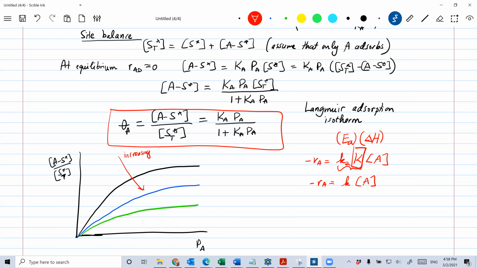And often you'll find that the enthalpy of reaction is much more sensitive to temperature than the activation energy is, as in the E over RT term versus the delta H over RT term. So you'll find those make differences.